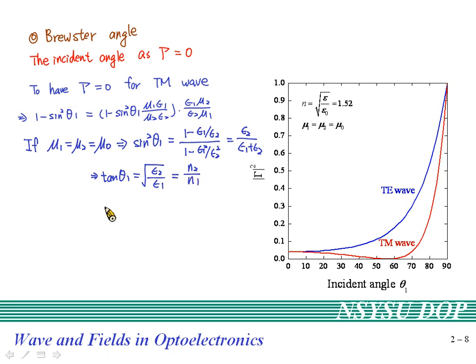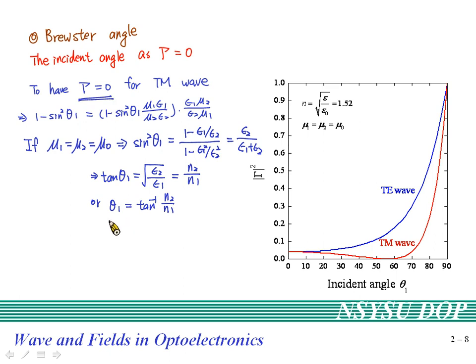That is, if the incident angle theta 1 is arctangent N2 over N1, then we will satisfy this condition for non-magnetic material, and then we will have gamma to be 0. That is, we will have no reflection.